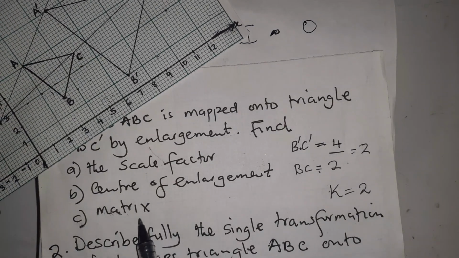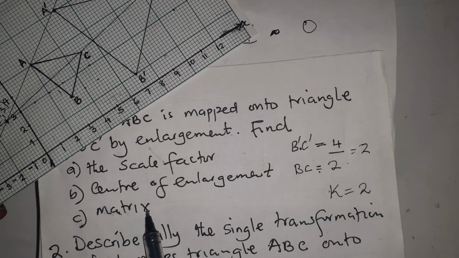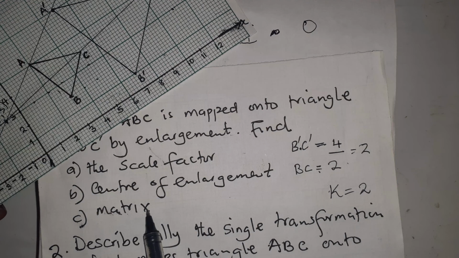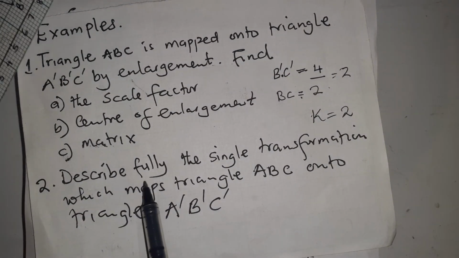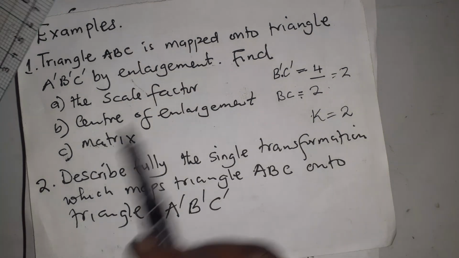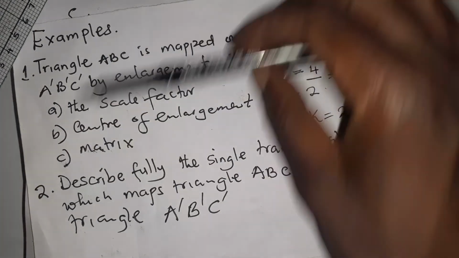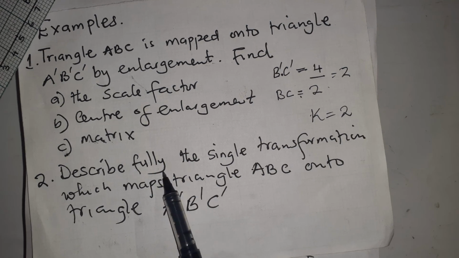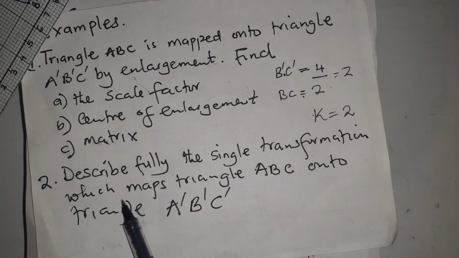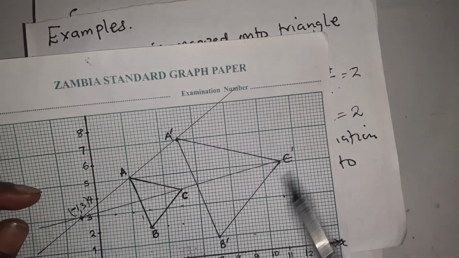Before I come to the matrix, allow me to go to this part. For instance, imagine this part was not there and the question was just: describe fully the single transformation which maps triangle ABC onto triangle A slash, B slash, and C slash.